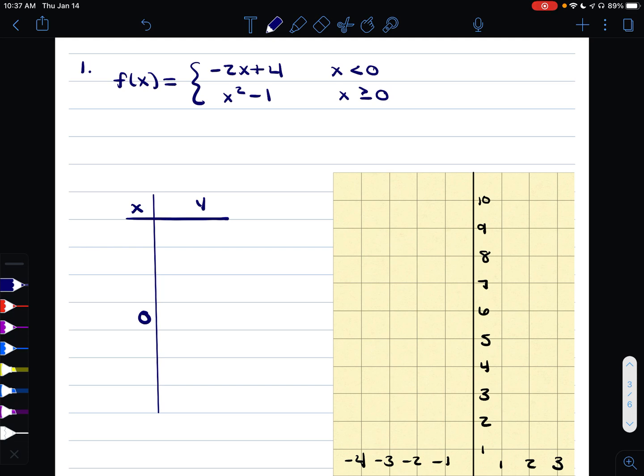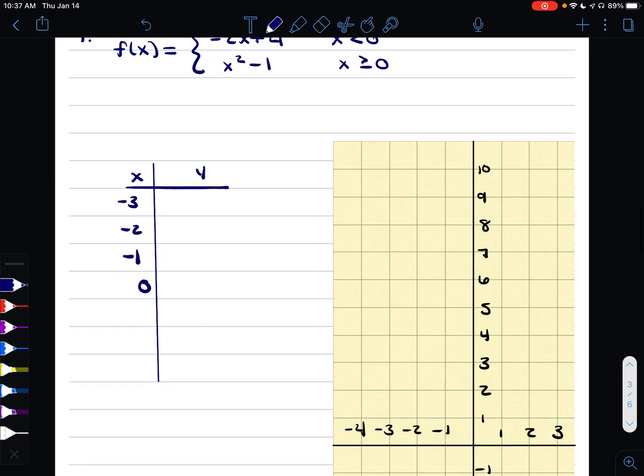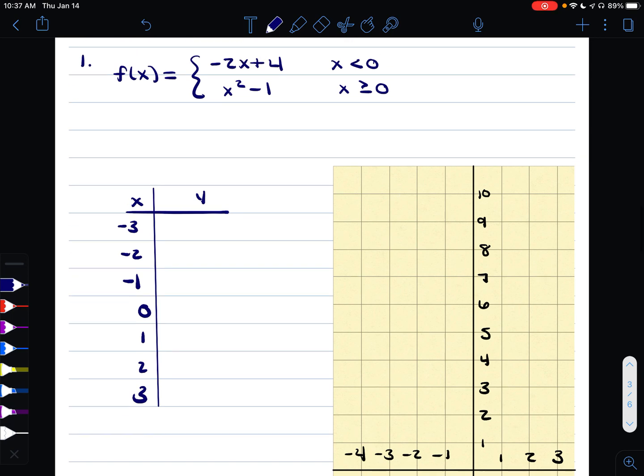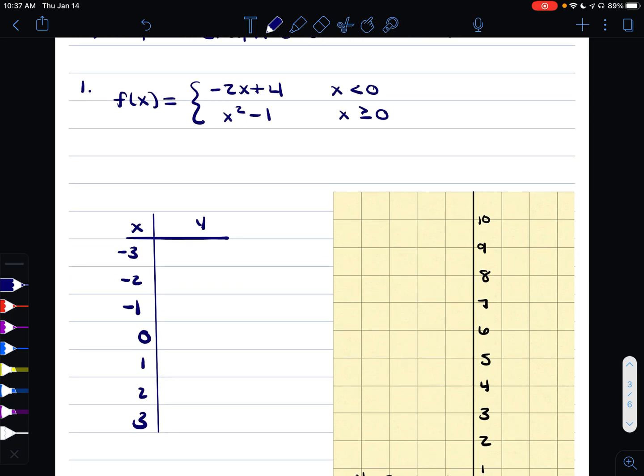So I'm going to pick 3 x values on either side of that transition point at x equals 0. So I'll go -3, -2, -1 on the left-hand side of it, and 1, 2, 3 on the right-hand side of it.